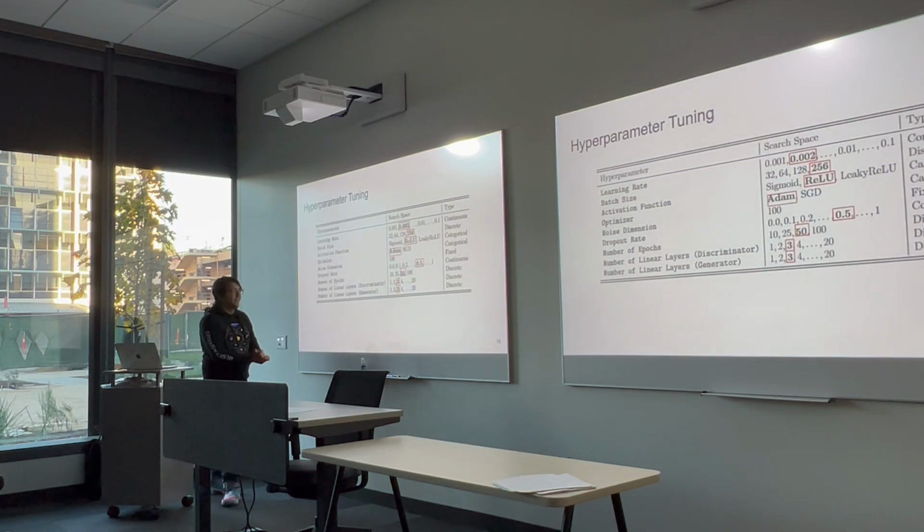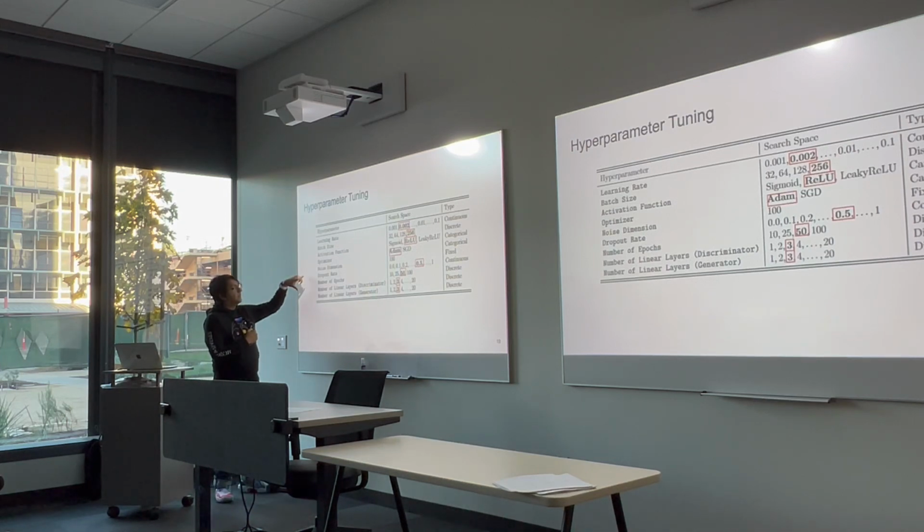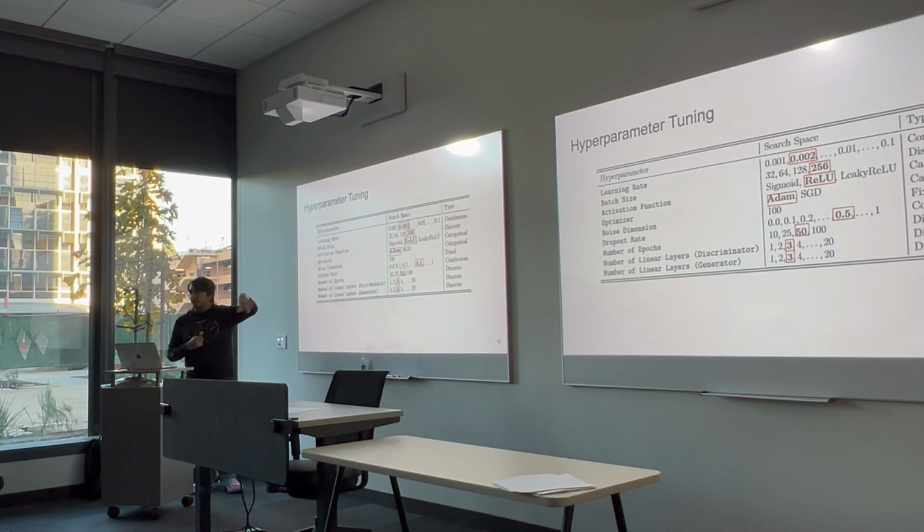Finally, the slide everyone's been waiting for, the hyperparameters. Of course we tune the hyperparameters, and I want to draw your attention to dropout rate. Dropout, if you remember, is a probability with which we decide whether a discriminator trains against a generator in the dropout GAN architecture.